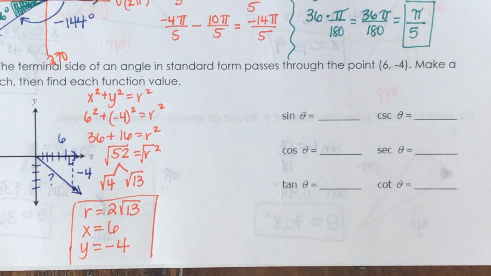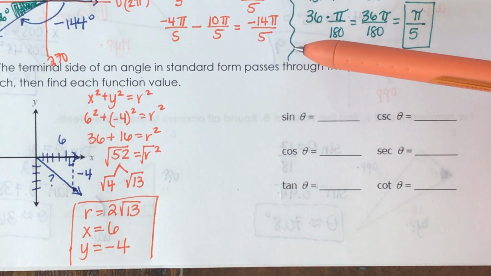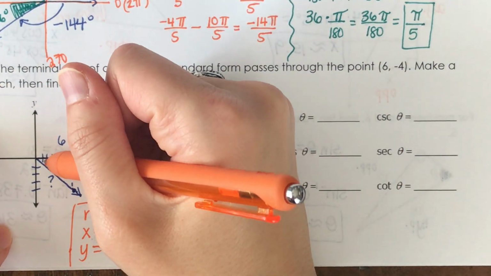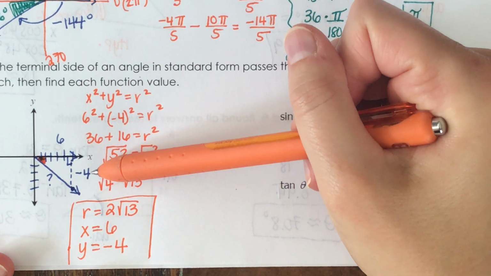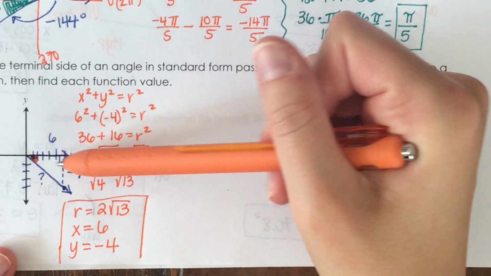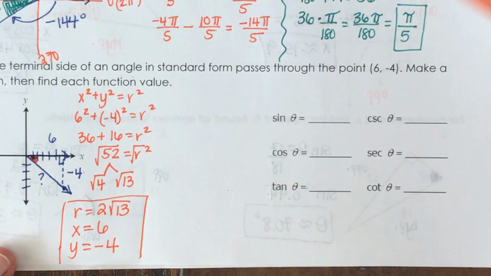Now, if you remember from before, sine still means opposite over hypotenuse, okay? And my reference angle would be in the center. So opposite over hypotenuse is really the y value divided by the r value.